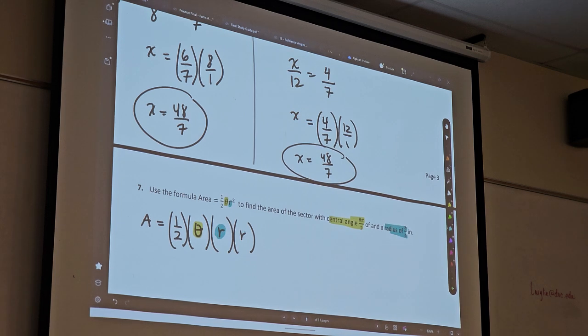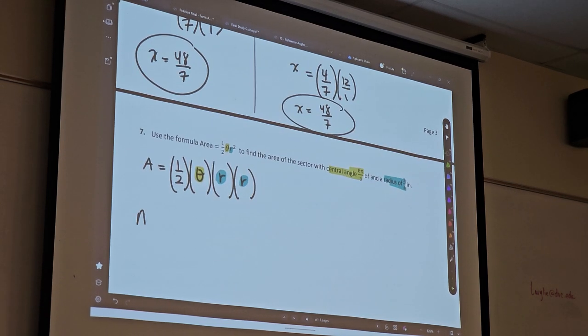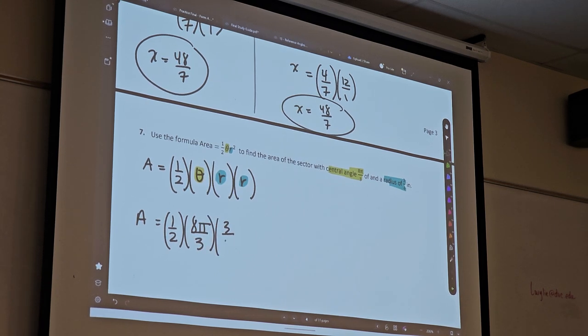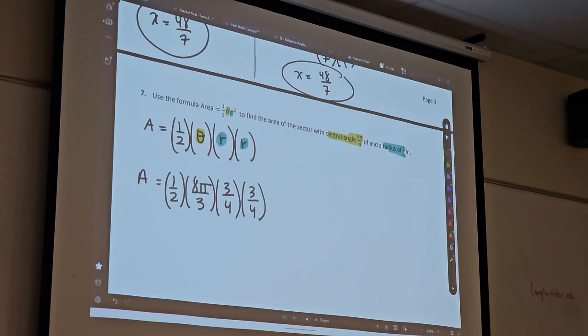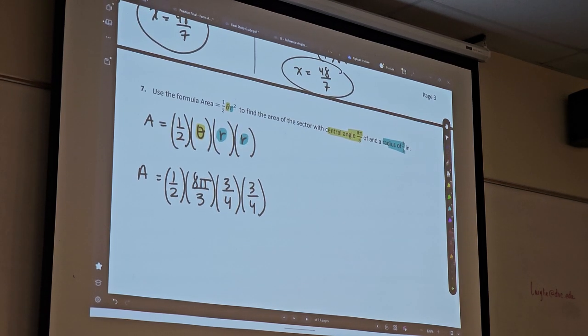R squared is r times r. 1/2 times 8 pi over 3 times 3/4 times another 3/4. Multiply fractions straight across.